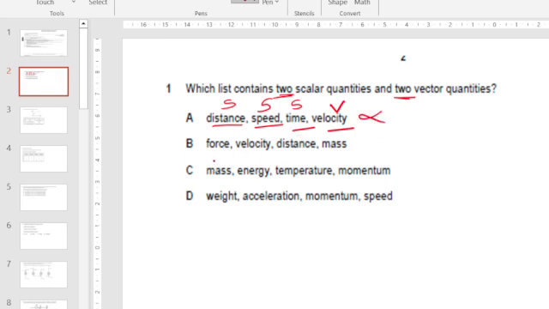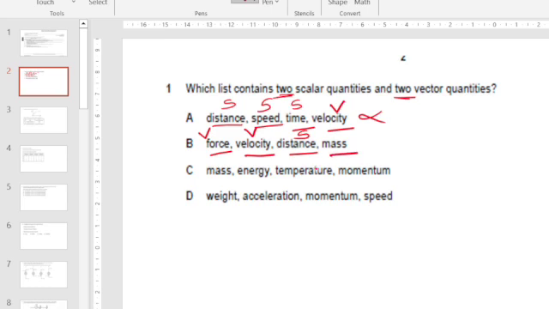So if you see option B, force, F equal to ma, is a vector quantity. Velocity, which has both direction and magnitude, is a vector quantity. Distance, the shortest distance between final and initial position, is a scalar quantity.